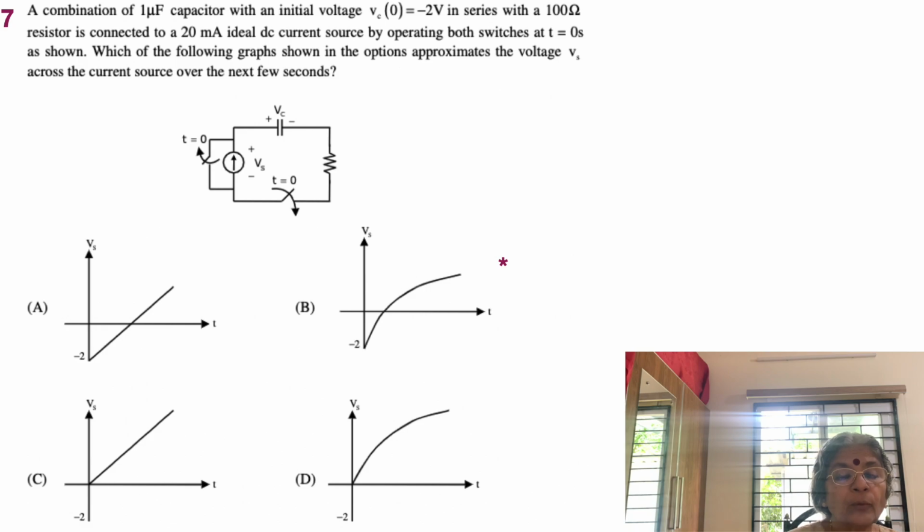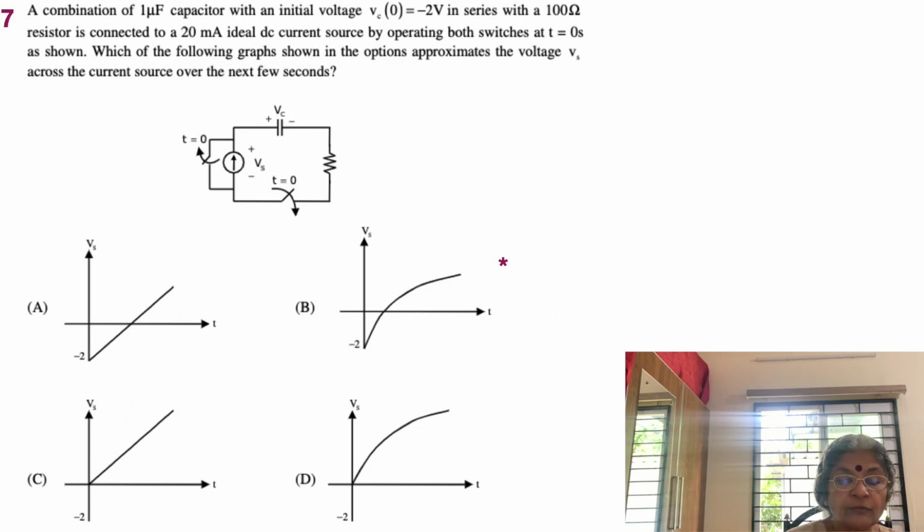Just after the switch closes, this minus 2 volts becomes available across the current source, because the current source is now open.